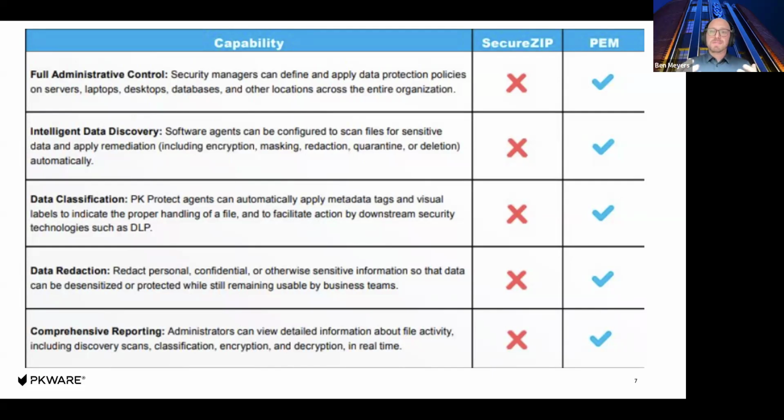Anytime we take action on a file, we encrypt it, we discover it, or we redact it, we are reporting those events back to the central admin console. So as an administrator, you get auditability of every action that's happening to your data with our software. A huge advantage from where SecureZIP sits.